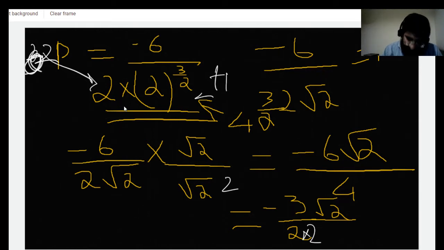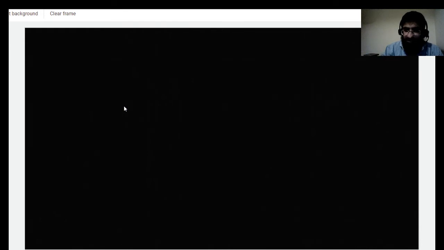No, if you haven't eliminated this 6 yet, it will become 4 into 2 root 3 by 2. I'll quickly do it. Don't remove the 6, just a second, it would eliminate all the confusion that you have.